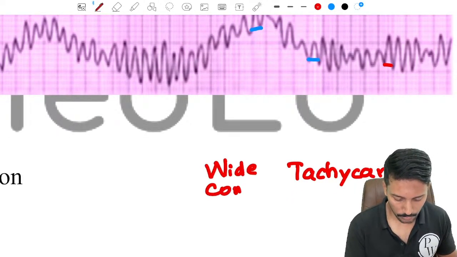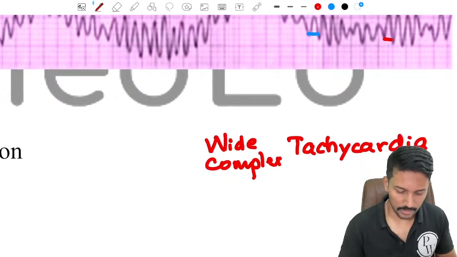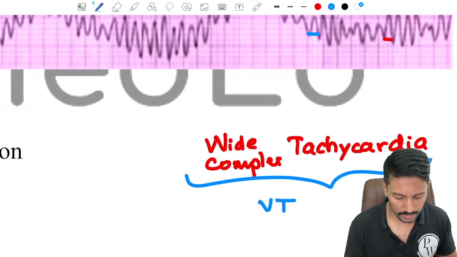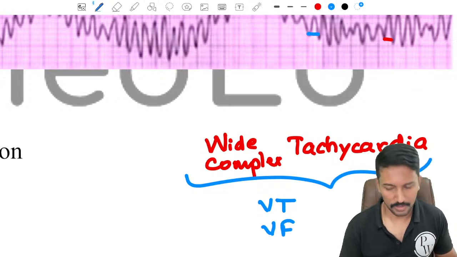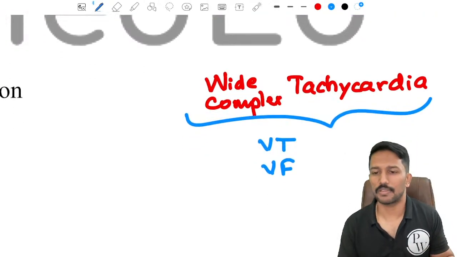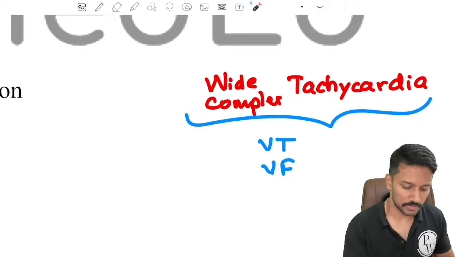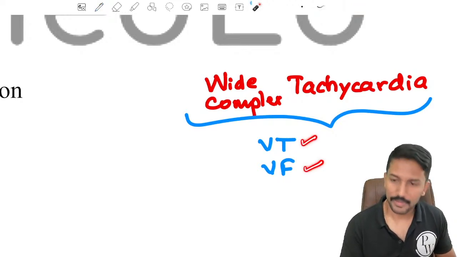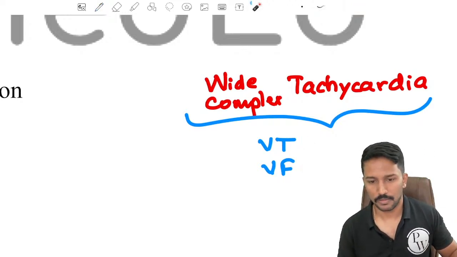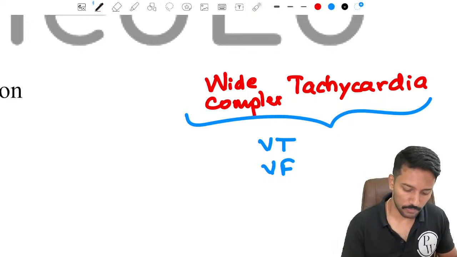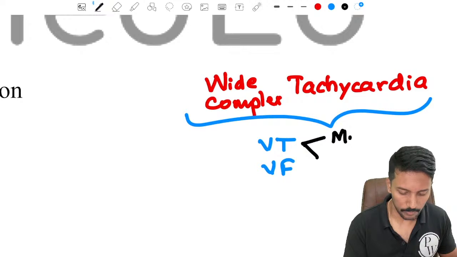Now, what are the causes for wide complex tachycardia? Ventricular tachycardia, ventricular fibrillation. There is also one more entity called SVT with aberrancy, but at FMGE level, never ever think about it. So we have to mainly differentiate between VT and VF, right? As you know, VT has two types, monomorphic VT and polymorphic VT.